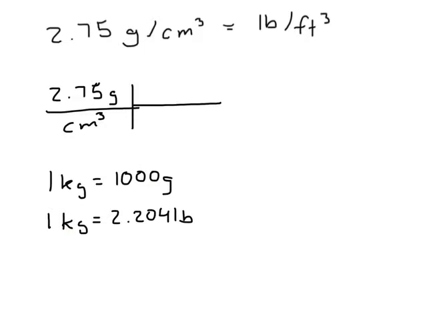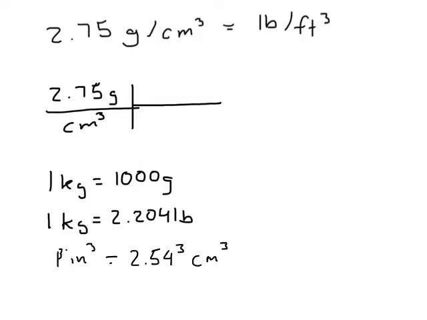So that takes care of my mass unit, grams to kilograms, kilograms to pounds. And my volume unit, we already discussed that 1 inch cubed equals 2.54 cubed centimeters cubed. So I'm doing this the short way without having to write 2.54, 2.54, 2.54.